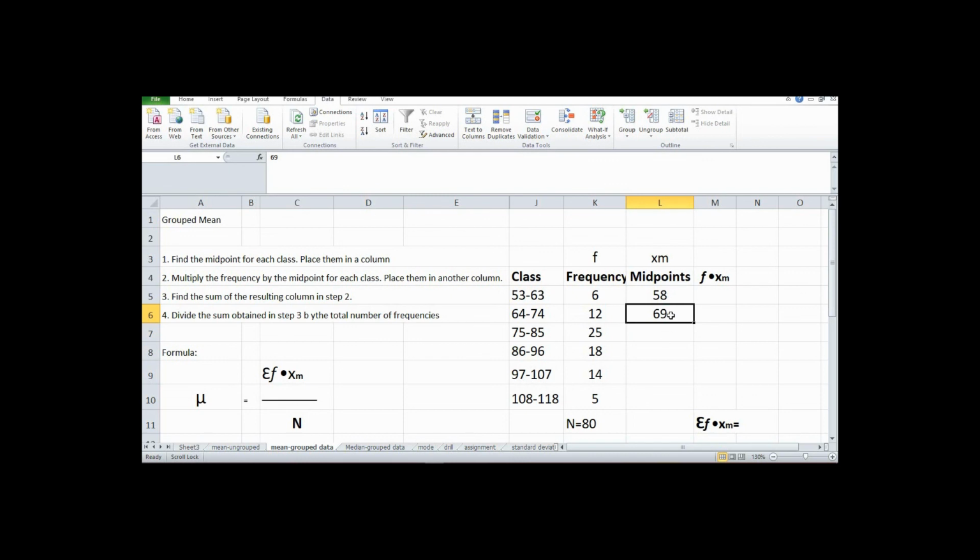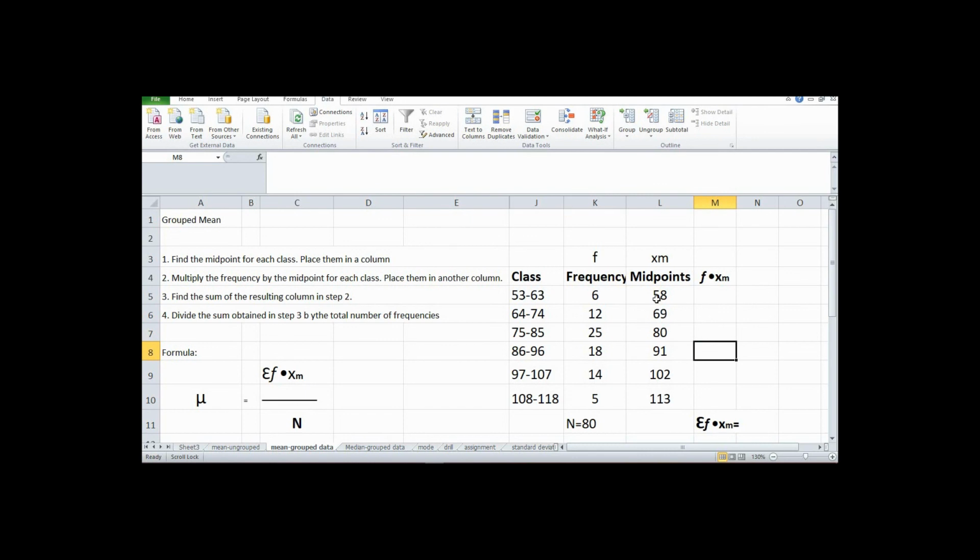So 69 plus 11, we have 80. Plus 11, we have 91. Plus 11, we have 102. Plus 11, we have 113. So it is simple.